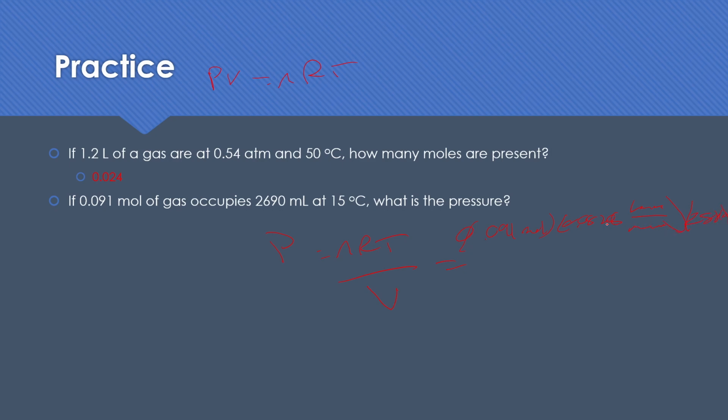Kelvin cancels, moles cancel, and then divided by 2.69 liters. Liters cancel, and you get the answer in atmospheres, which is 0.799 atmospheres.